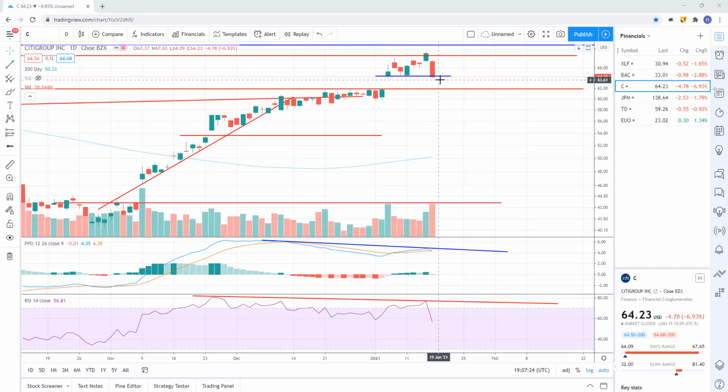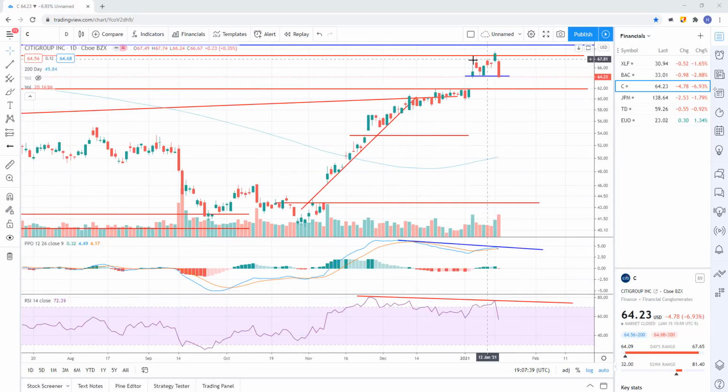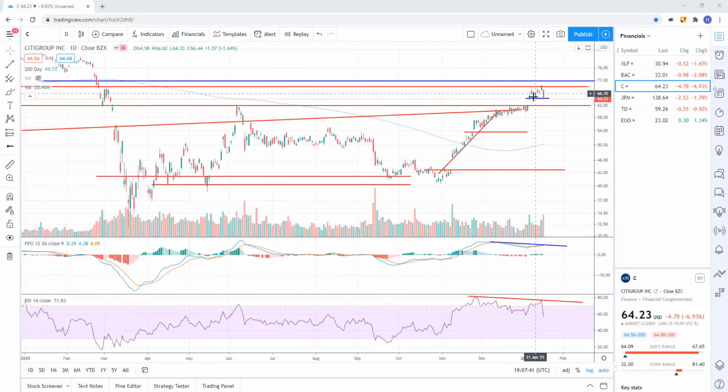So we need to see a gap down. We get that gap down on Tuesday. Let's say we gap down to this 61.78 area, and it holds as a gap. Maybe we gap and sell off, basically. Then this is your island cluster top reversal pattern. That signals that this was a top.